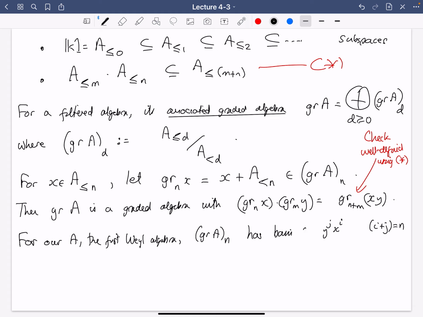And so here I should put gr n of that element in A less than or equal to n. That follows immediately from the basis theorem for A that we just established. From that you can read off a basis for each of these filtered subspaces, these A less than or equal to n's, and then you see that indeed the ordered monomials of degree n, when you pass down to the degree n graded piece, give a basis downstairs.